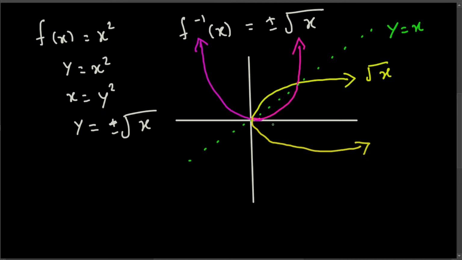And if you look at the distance from this y is equal to x line, it's going to be equidistant, it's going to be equal. So this is also symmetrical around this line, y is equal to x. So the relationship between the function and inverse function, if you draw a line y is equal to x, is that they are symmetrical.